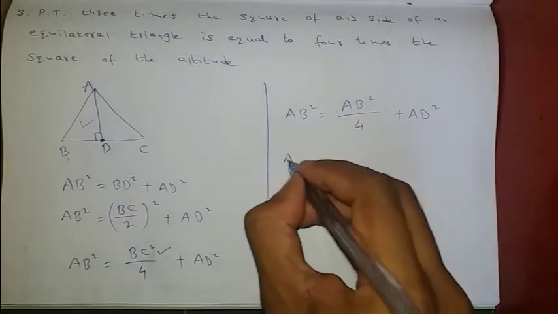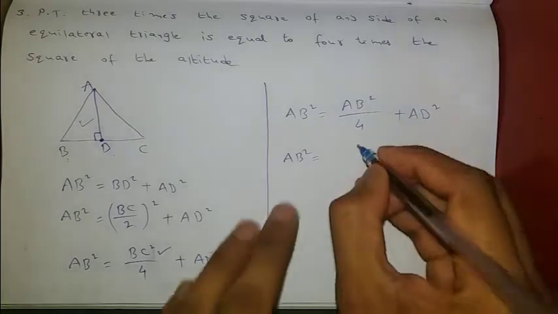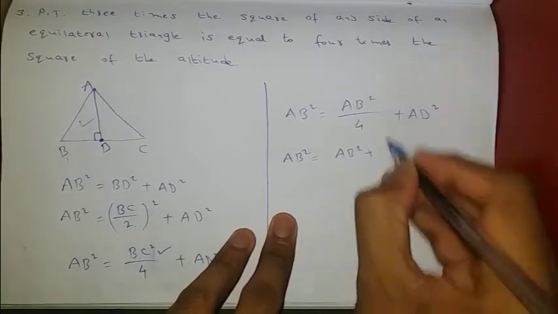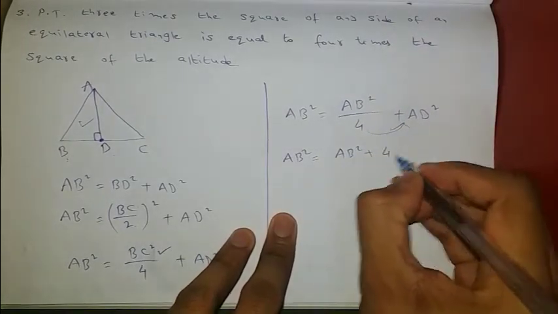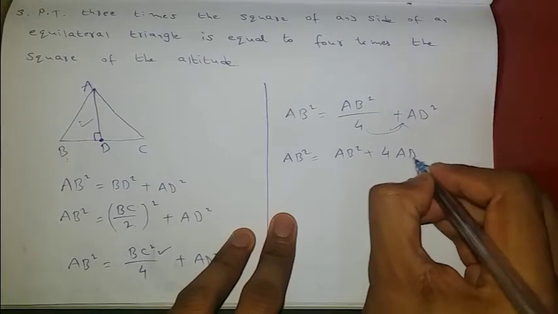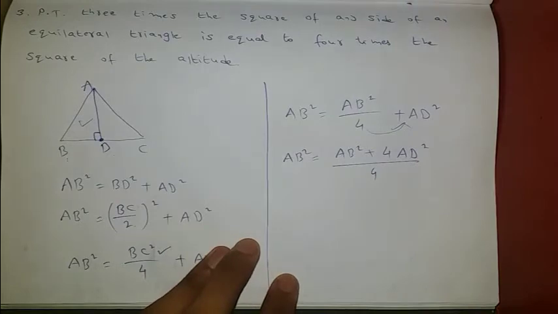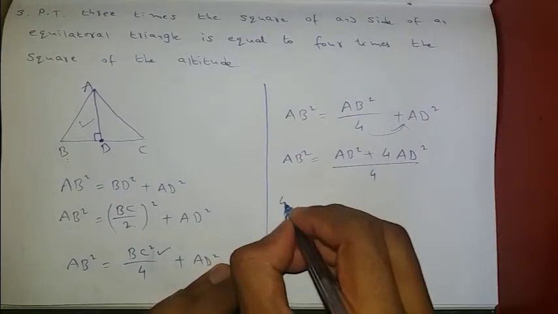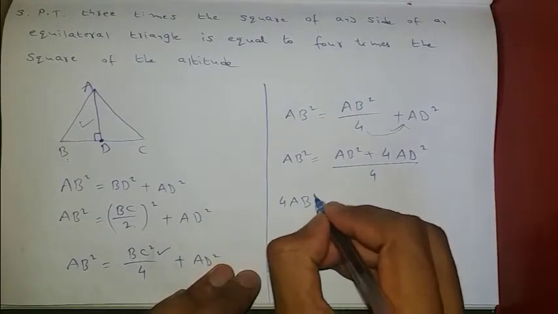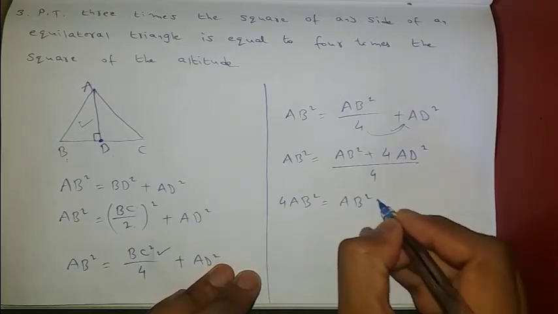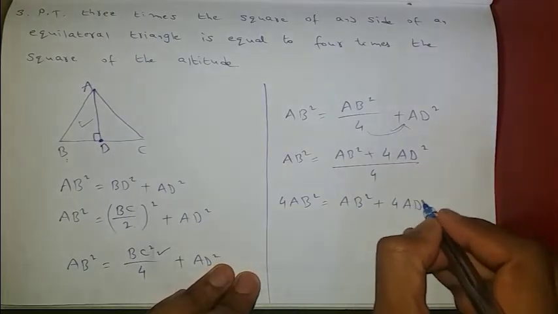Now AB square is equal to AB square plus 4 into AD square, whole divided by 4. So now I will take this 4 to the left side, and it will be multiplication. So 4AB square is equal to AB square plus 4AD square.